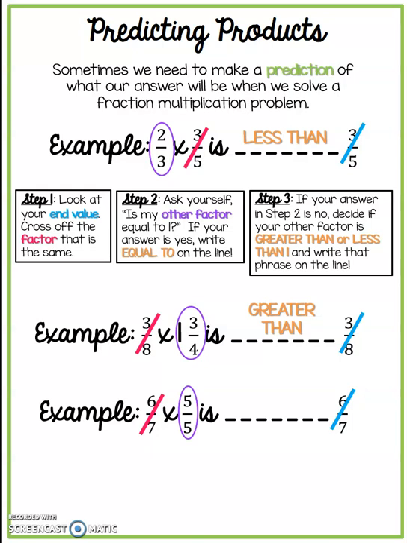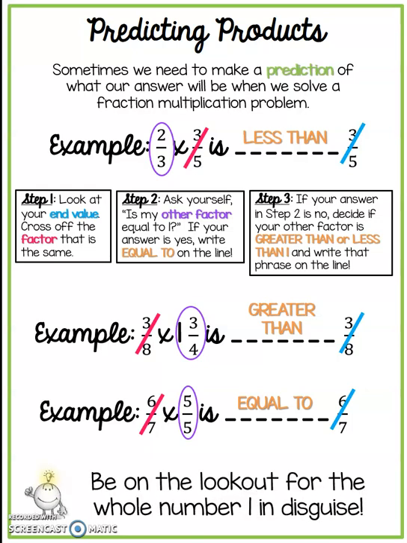Remember, whenever your numerator and your denominator are exactly the same, your fraction is equal to 1. So that means 6/7 times 5/5 is equal to 6/7. And that makes sense because I'm really saying 6/7 times 1 is equal to 6/7. So definitely be on the lookout for the whole number 1 in disguise.